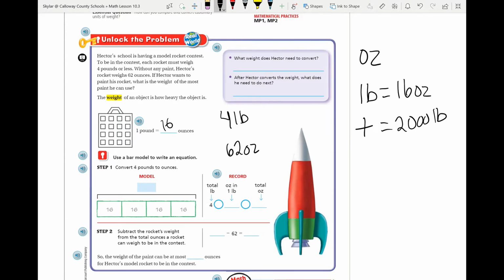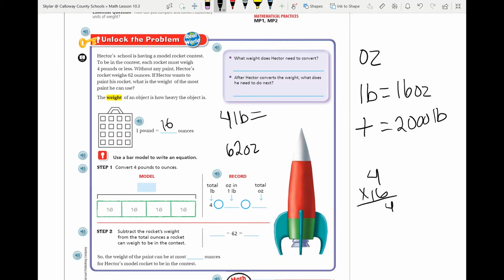So, let's see what that limit is. If we're going to find out how much paint he can use, we need to find out how much weight he can have for his rocket. It says it has to be 4 pounds or less. Let's see how many ounces that's going to be. Because there's 16 ounces in a pound, we'll multiply the number we have, which is 4, times 16.